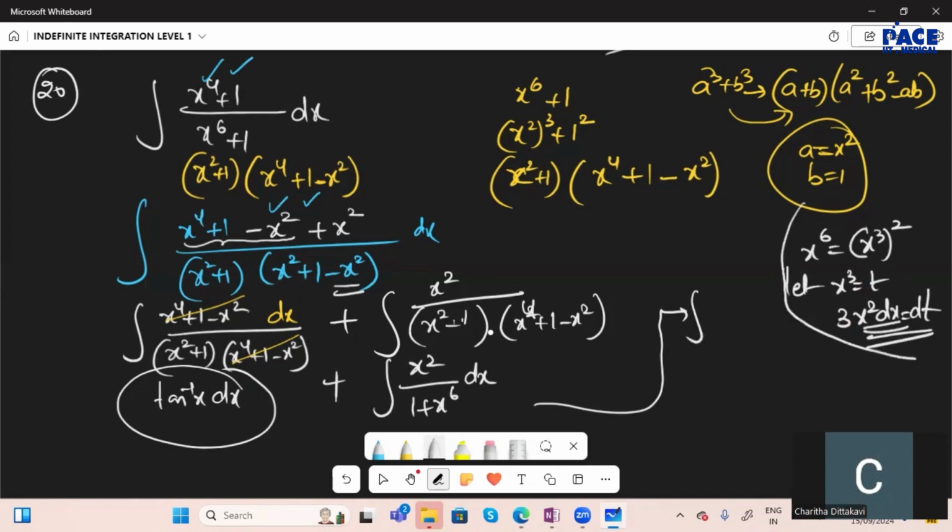This is all the rough part. x^2 dx is nothing but 1/3 dt, by 1 plus what is x^6? t^2, isn't it? Because x^3 is t. Now 1/(1 + t^2) again, 1/3 tan inverse t plus c. And that t you replace again, you will be getting it. Understood? Clear at that question?